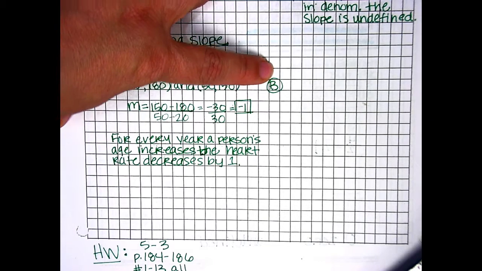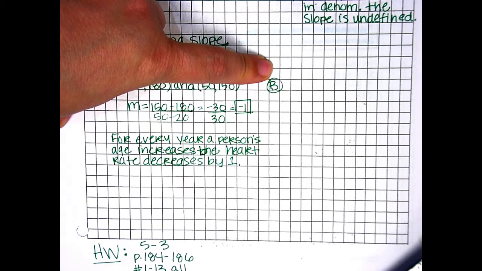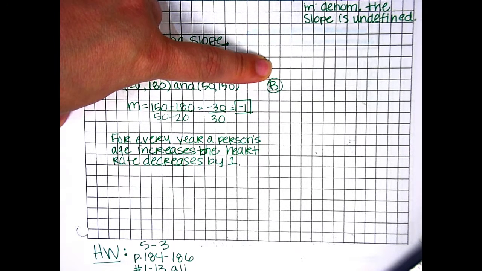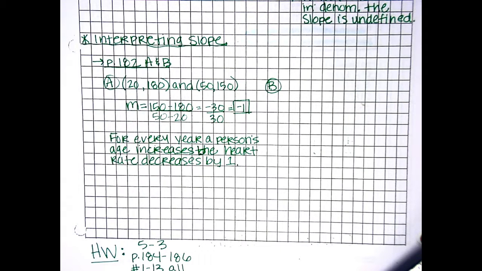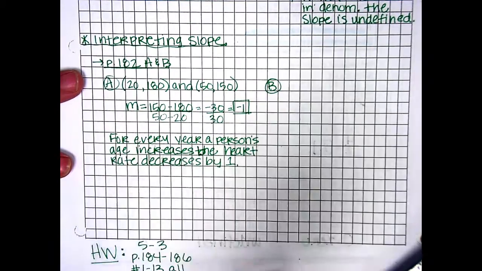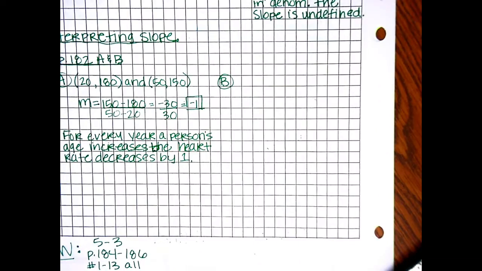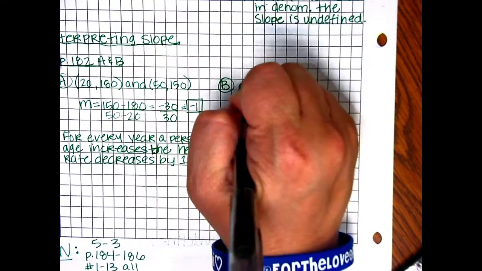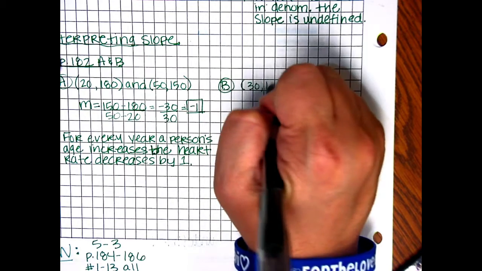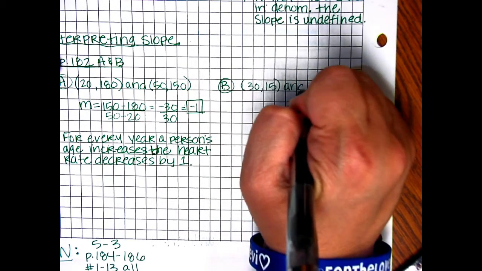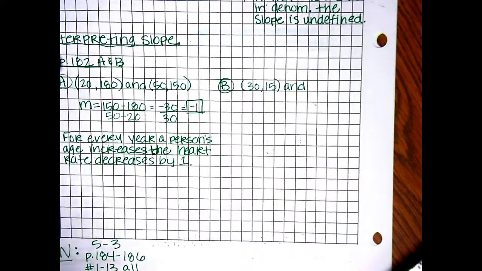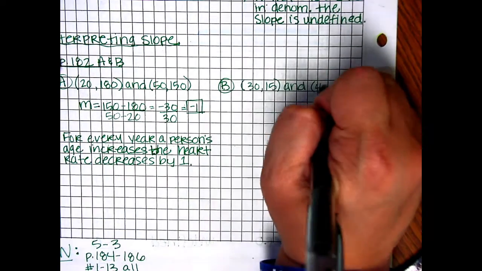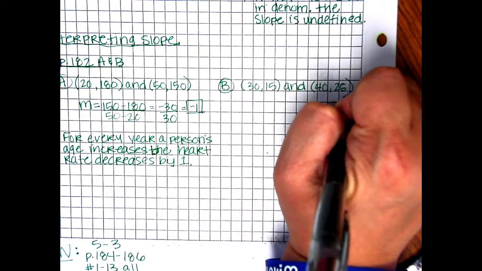So for B, the book reads, the height of a plant in Y centimeters after X days is a linear relationship. The points 30-15 and 40-25 are on the line. So we want to find that slope and interpret it. So the 2 points that they gave us were 30-15 and 40-25.